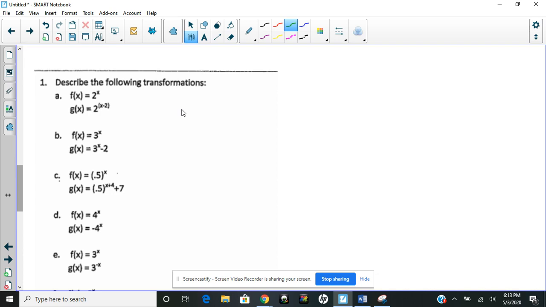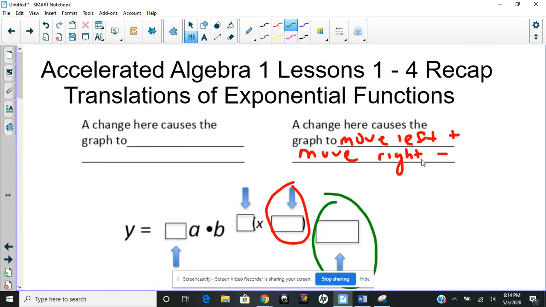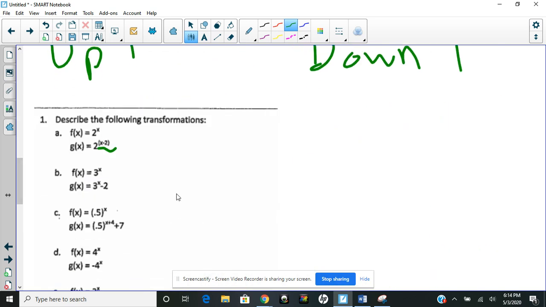Okay, so I have a -2 in the exponent. So I'm going to go back up to my rules, and I'm going to see I have an exponent move. Minus is to the right. So what the change was here is it was right 2.